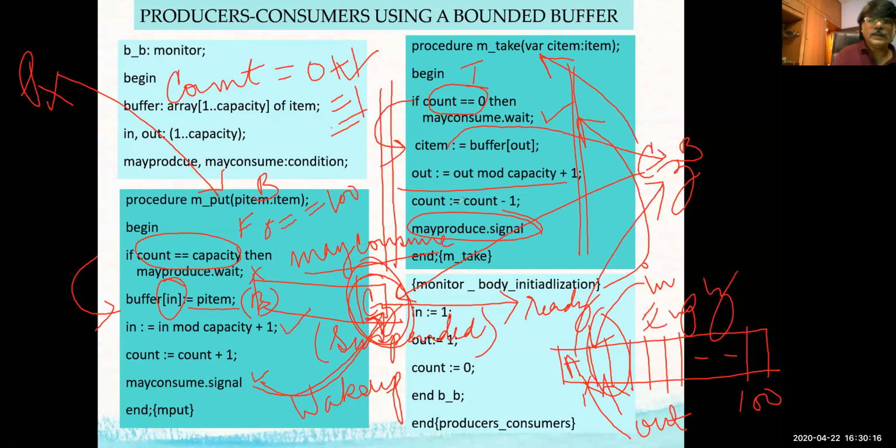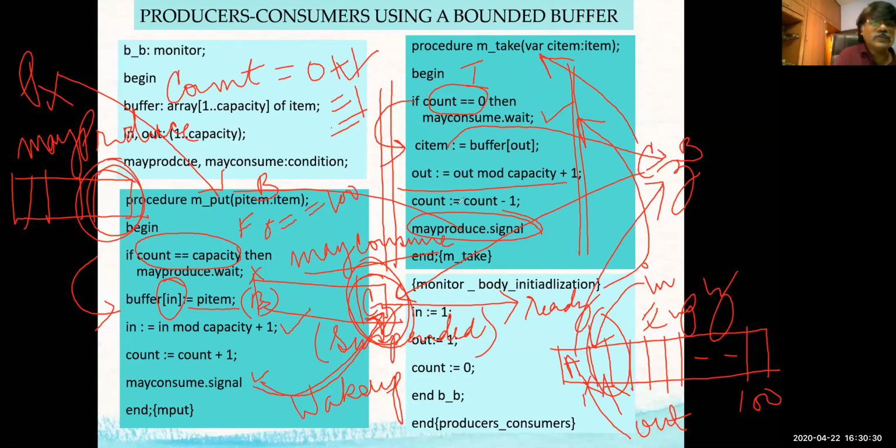Please remember that the may produce condition is the header of the queue, but there is no process at the header of the queue. So if a wake up signal is sent to the header of the queue which is empty, it will not have any effect.